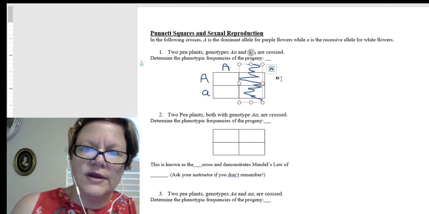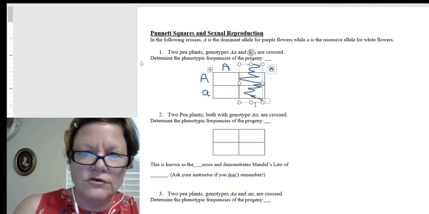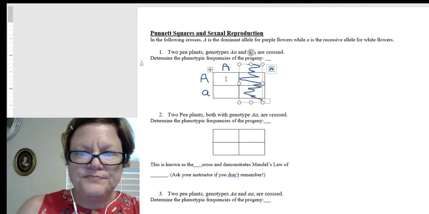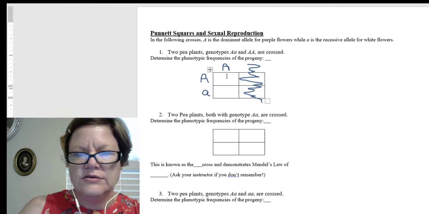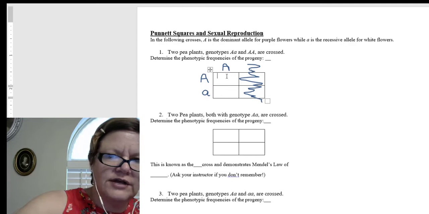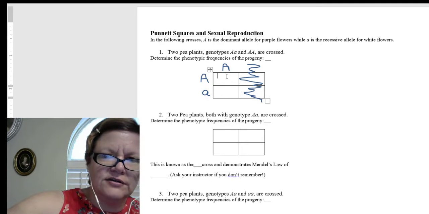And so recognizing in some cases that you don't need that other column is kind of helpful, I think. And so that's meiosis. Meiosis is figuring out what genotypes the different gametes would be. And that's what you're writing on the outside of the grid.